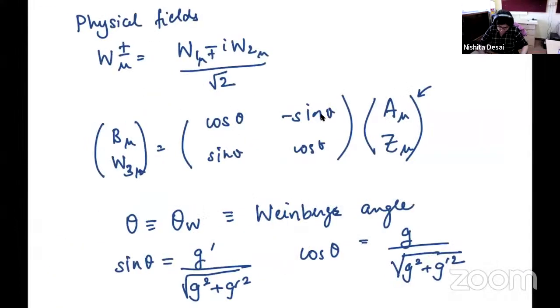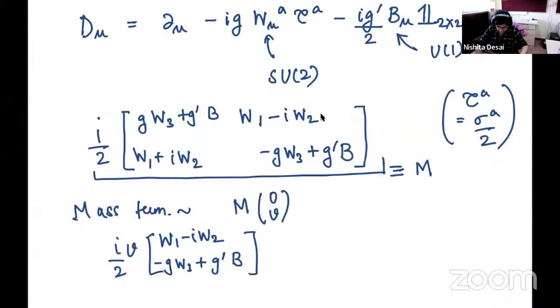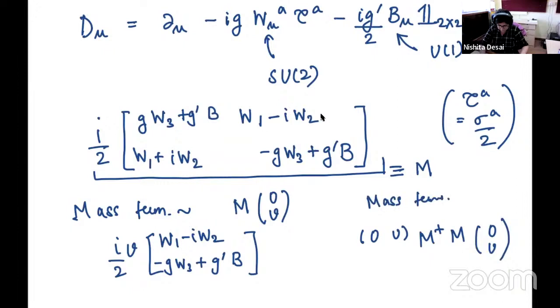Okay. Another thing to notice here is that there's only one combination of this W3 and B that survived and came with the V, right? So what we get essentially is this: the 0, V times the mass terms times 0, V is given by this.